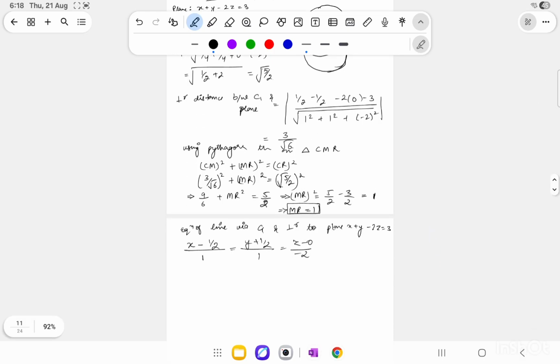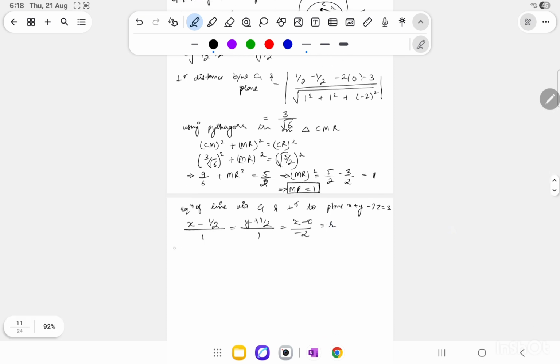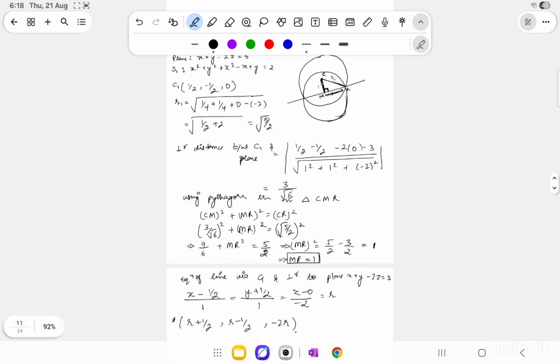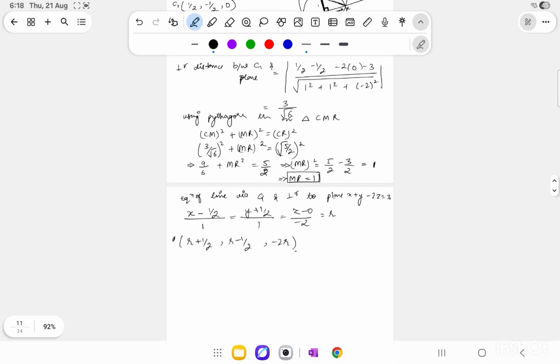So I can find any arbitrary point on this line by equating it with r. Any arbitrary point would be (r plus 1 by 2, r minus 1 by 2, minus 2r). That will also be the parametric form of the intersection of the perpendicular line and the plane. So this is basically point M, and my point M will be of this form.